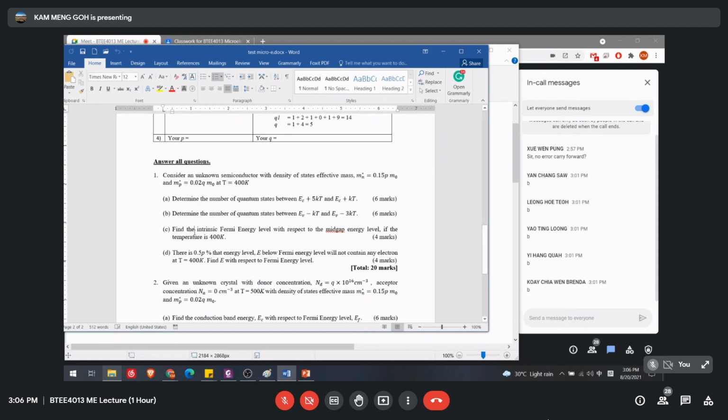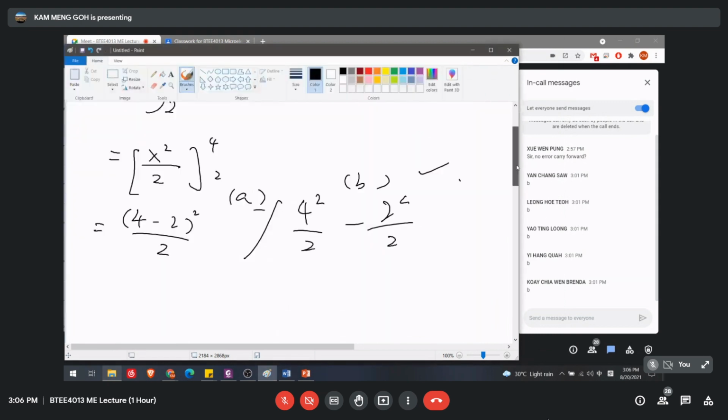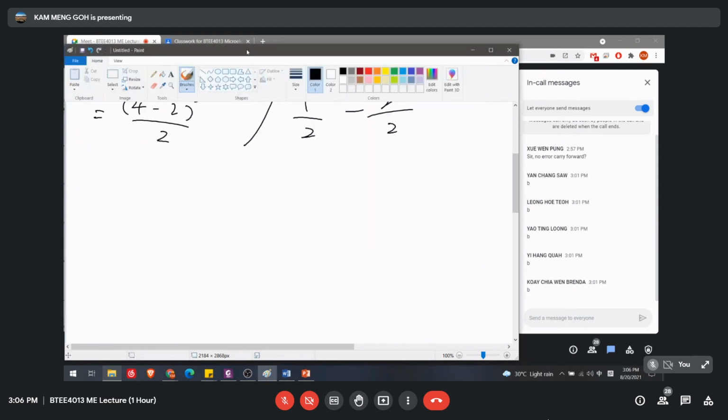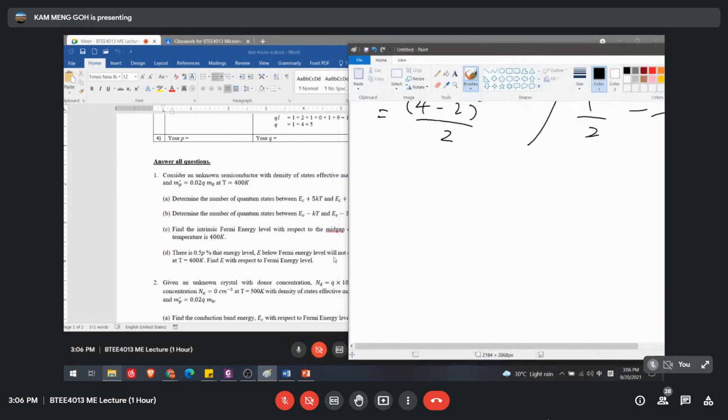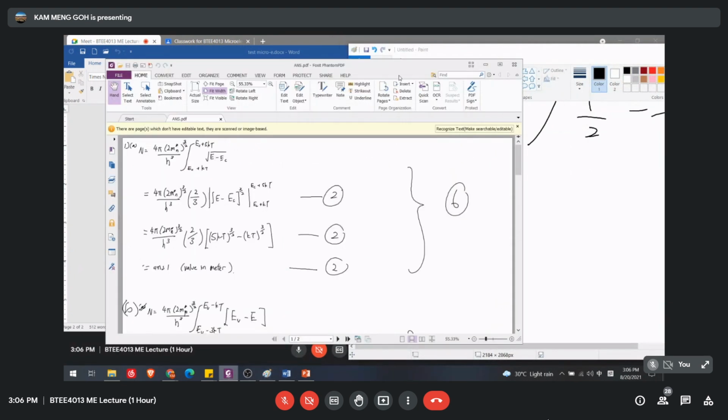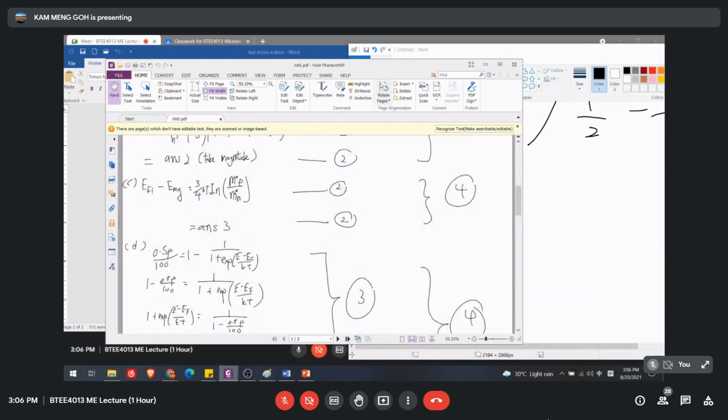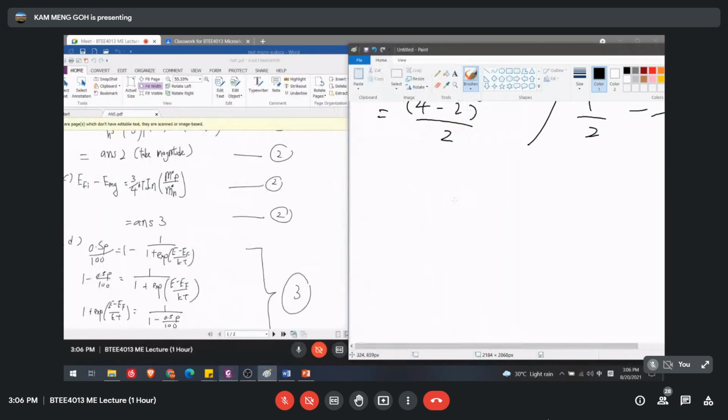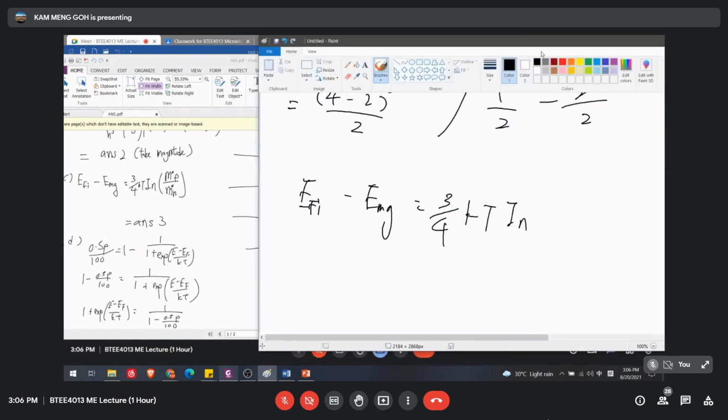Then question 1C. When you do question 1C, this one is to calculate the mid-gap. In order to calculate the mid-gap, you are going to use this formula: EFI minus E mid-gap equals Q over 4 KT ln MP asterisk over MN asterisk.